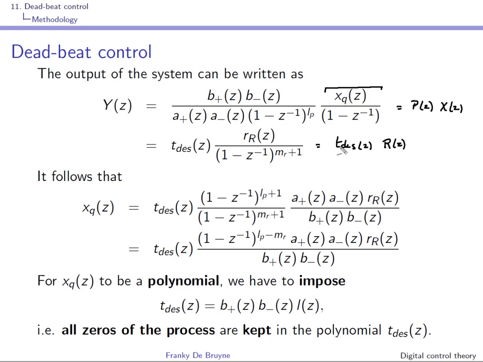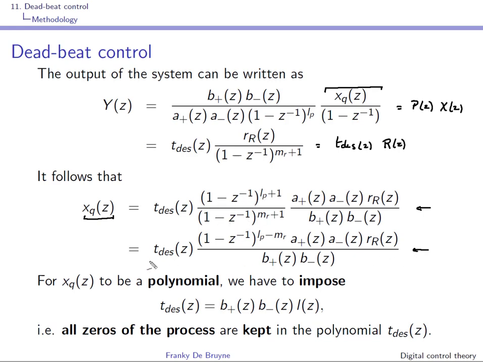So this is the step response in closed loop that we desire, and of course those two expressions should give you the same Y. So what we can now do is equate this and isolate Xq(z), and remember that Xq(z) is a polynomial in z to the minus 1. We equate, we isolate Xq(z), and this is what we obtain. Of course, we can rewrite this because we have integrators in the numerator and denominator.